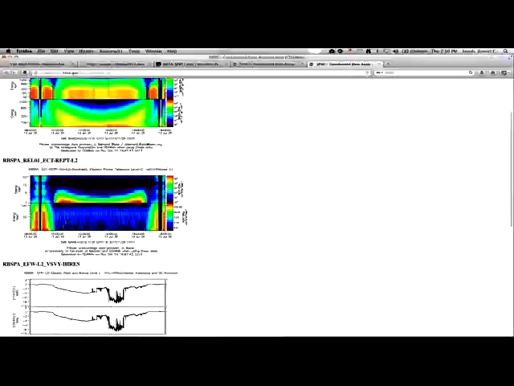So what happens when you do one of those L-shell versus energy plots is you pick one of the energies, one of the y coordinates on this plot, and you essentially take it and put it on end and plot that as a slice at a particular time associated with the orbit.